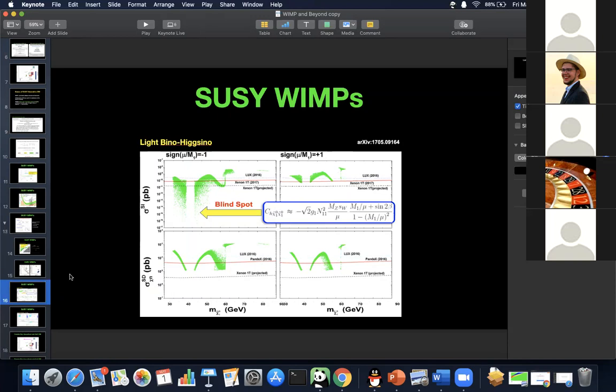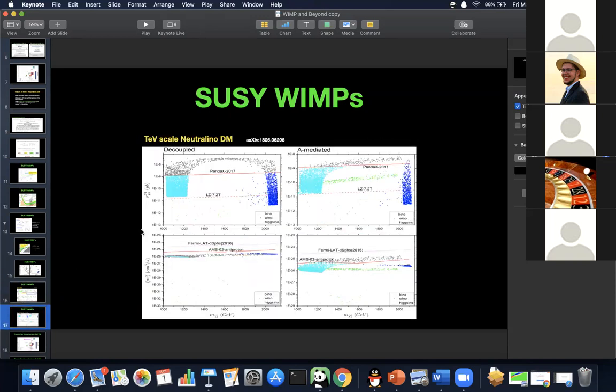Then we also moved to the higher mass range. We focus on 1 TeV to 3 TeV and even higher. The light blue is for the pure Higgsino dark matter, the blue is for the Wino dark matter, and the gray points are the mixed states. We examined 4 cases.